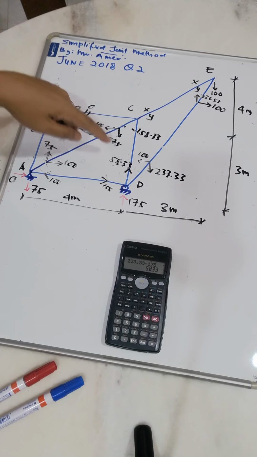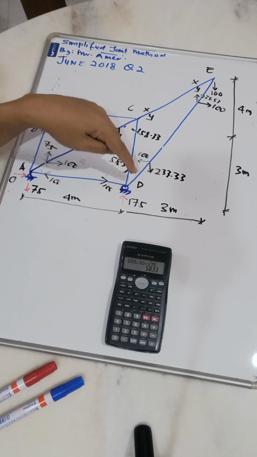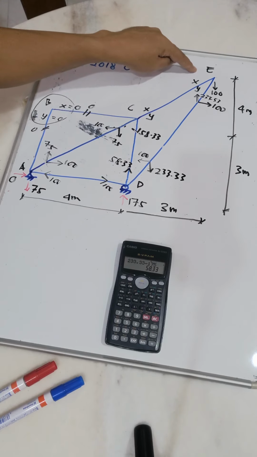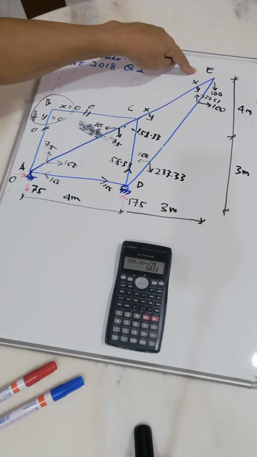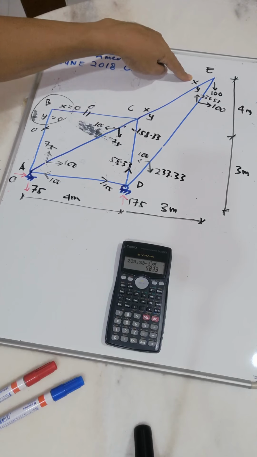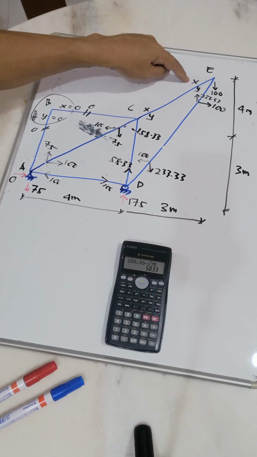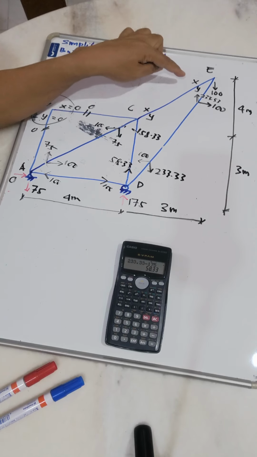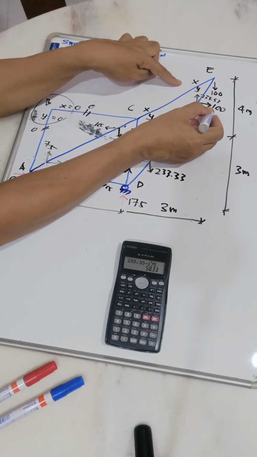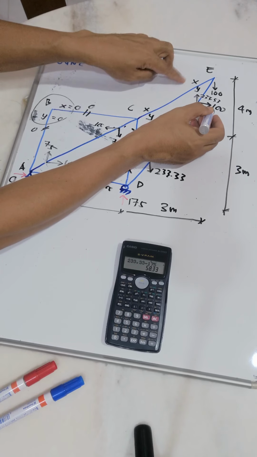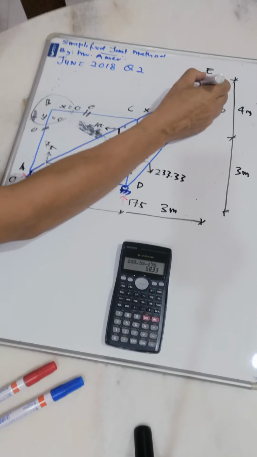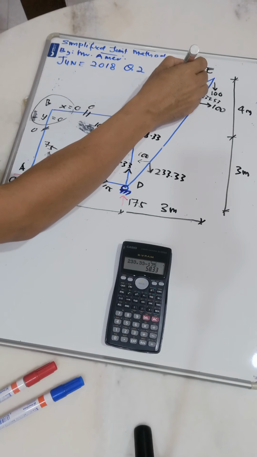Okay. Next, after you have determined D, now we move to joint E. At joint E, we have one unknown left in X and one unknown in Y. For X, balanced by this 100, which is to the right, you must balance by 100 to the left.